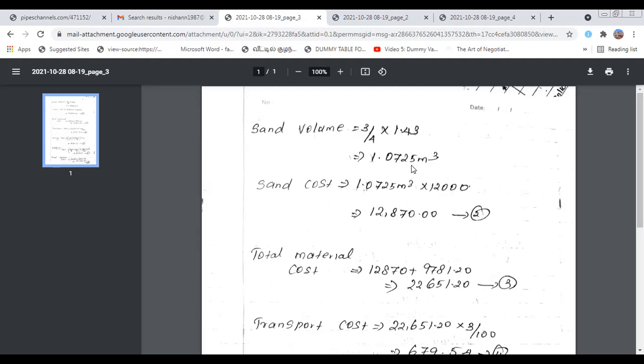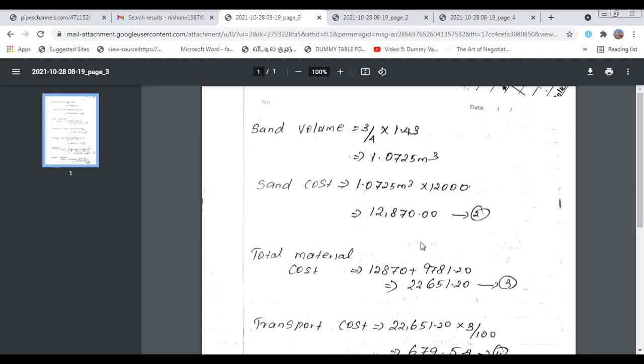Sand costs, we know 1 meter cube of sand is 12,000. 1.0725 meter cube multiplied by 12,000, the sand total cost equals 12,870 rupees. The total material cost, cement cost and sand cost: cement cost 9,781 rupees 20 cents plus 12,870 sand cost.